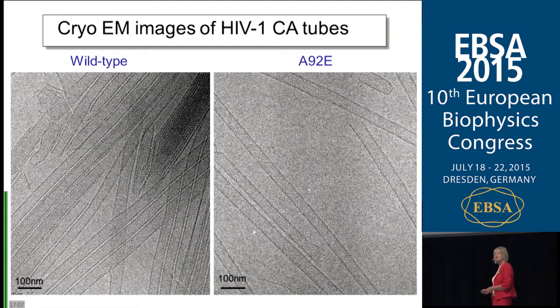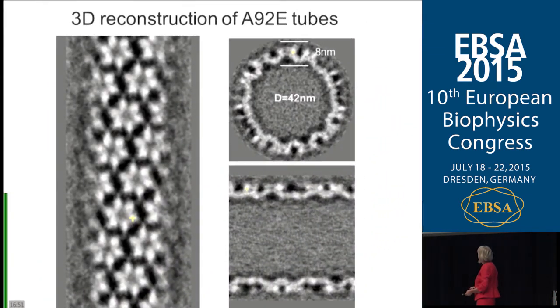The other method with which you can get structures of assembled entities is cryo-EM. And here I show you two examples of in vitro, in test tube assembled capsid, wild type and this one mutant. And then you end up with a reconstruction of your cryo-EM map. And here is one particular tube.